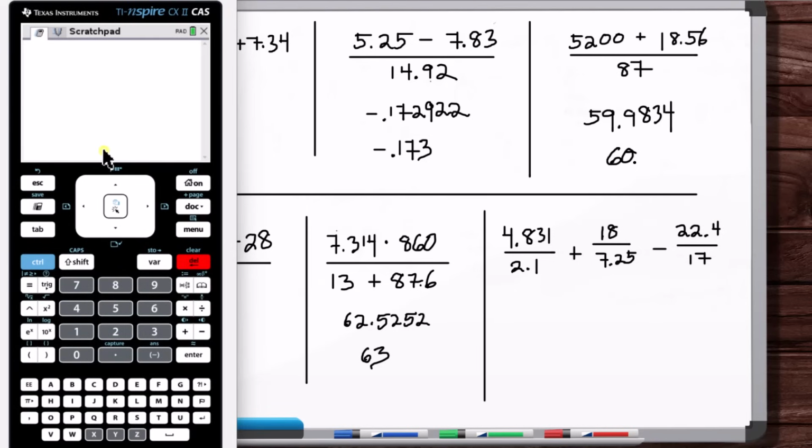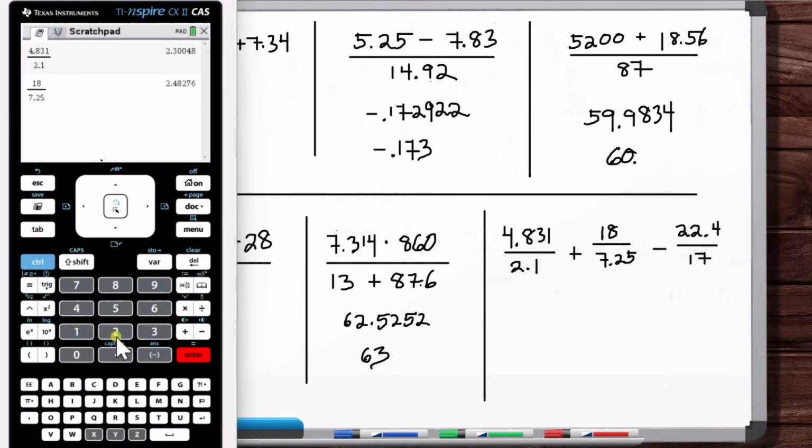So let's do this with the calculator, but try and separate everything so we can count the number of significant figures. So 4.831 divided by 2.1. Okay. Now 18 divided by 7.25.